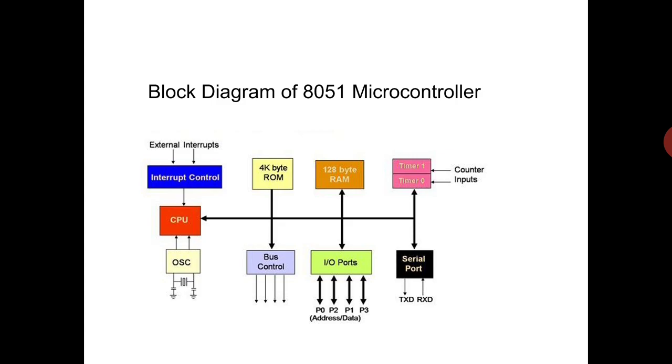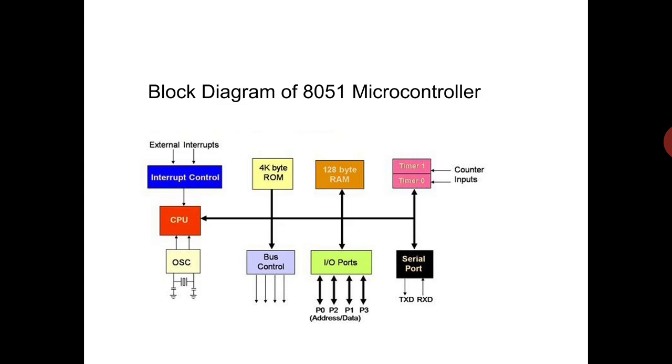Next is interrupt control. This unit is responsible for processing external interrupts. It allows external devices to interrupt the microcontroller for a variety of reasons and also services the interrupt requests. Interrupt means disturbance, a disturbance in the programming or working of 8051. There are two types of interrupts, external and internal.